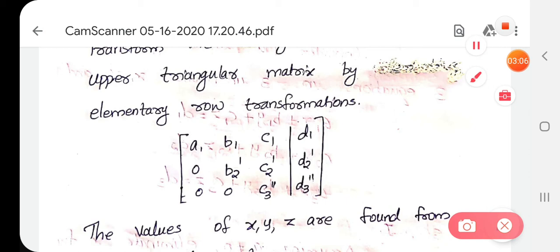But in the second row, the first entry becomes 0, and B2 changes to B2 dash, C2 changes to C2 dash, D2 changes to D2 dash. And the first entries in the third row are 0, that is A3 and B3 are 0. Then C3 becomes C3 double dash and D3 becomes D3 double dash.